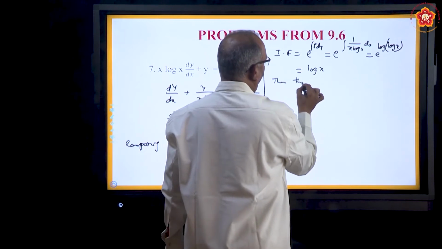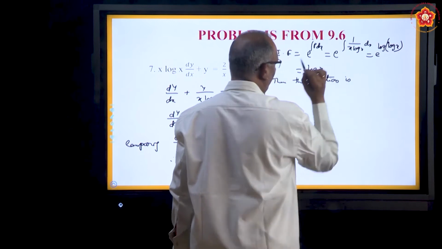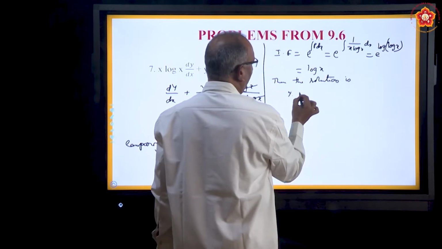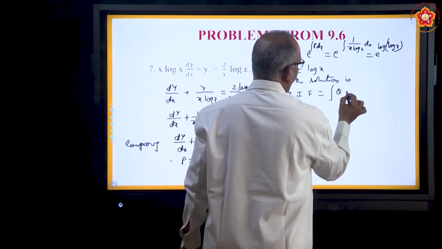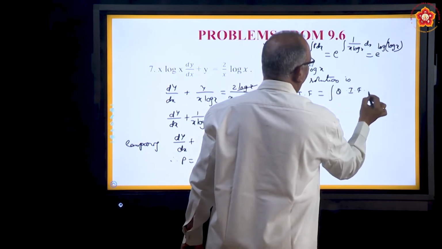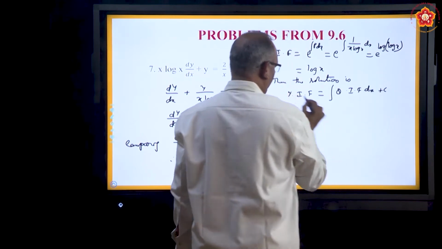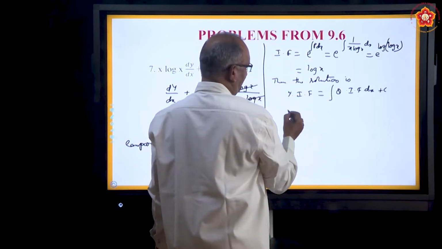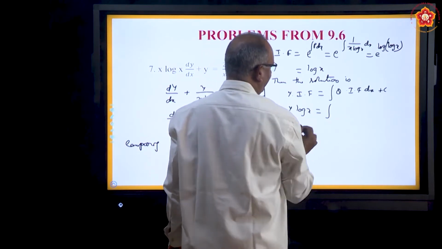Then the solution is y into integration factor equal to integration of q into integration factor dx, plus c. So, y into log x equal to integration of q.